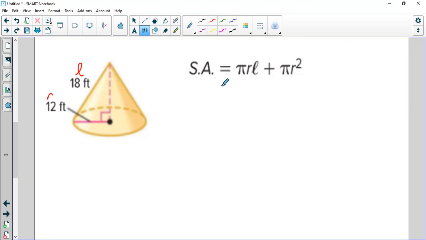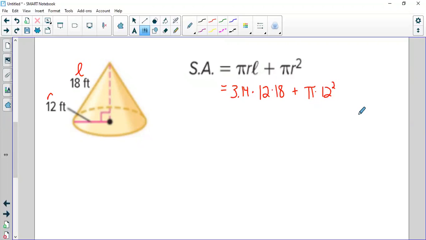So let's put some numbers in here. Surface area equals pi, 3.14. Remember, use 3.14, please. Times the radius, which is 12, times the slanted height, which is 18, plus pi again, times the radius, which is 12, this time squared. This part of the formula finds the lateral area. This part of the formula finds the circle area.